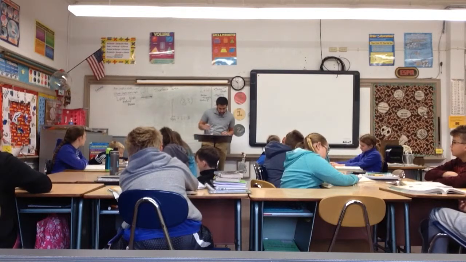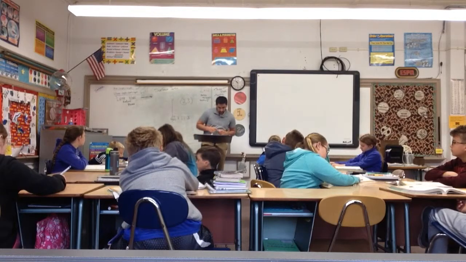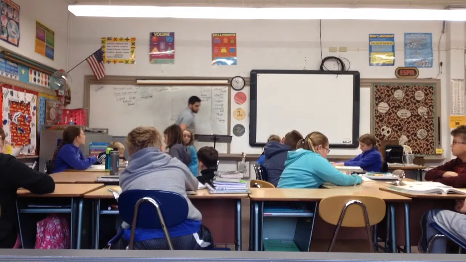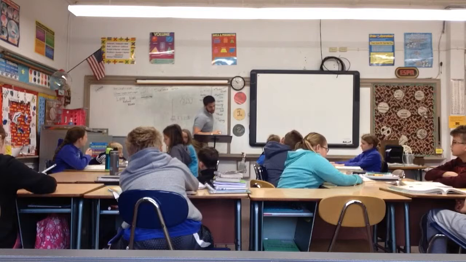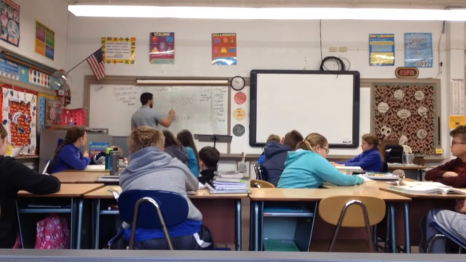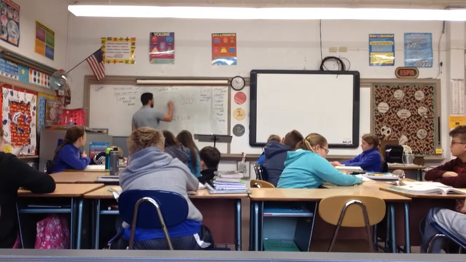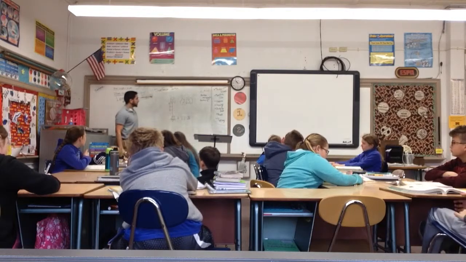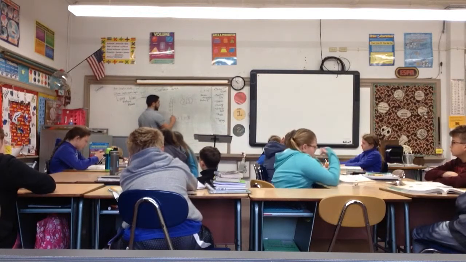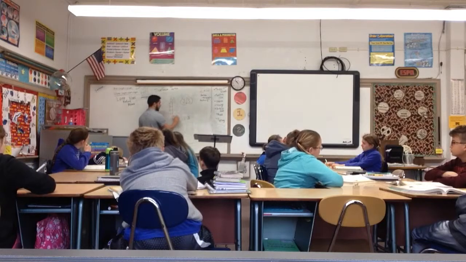The second number, or the y-coordinate, names the distance from the origin along the y-axis. So the first number tells us the x-axis: how many places am I going to go over? 2.